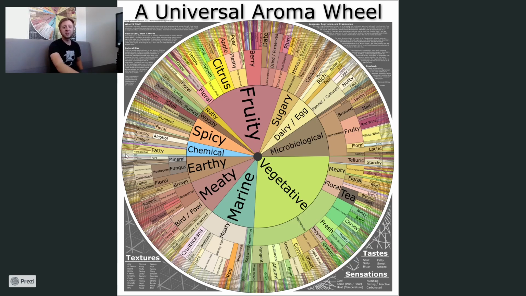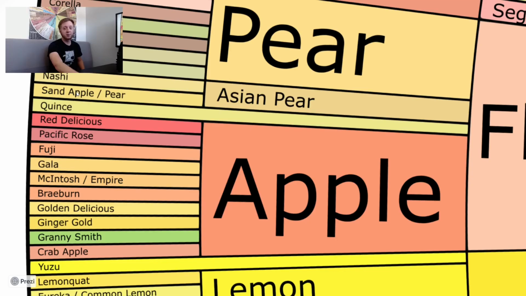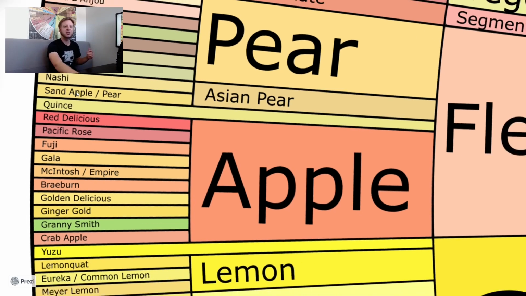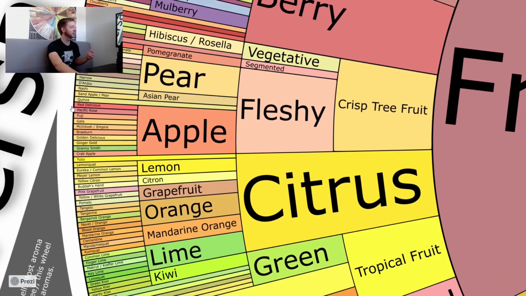Number 3. Specific identifiers should be unique. If the differences begin to resemble other identifiers, then they are likely extraneous and likely unneeded. For example, if you have so many kinds of apples on the wheel that you start to differentiate them by thinking, well, this apple should be included because it has a bit of lychee aroma, then you've actually gone outside of the wheel to start to differentiate those apples, which means that that kind of apple isn't actually needed.